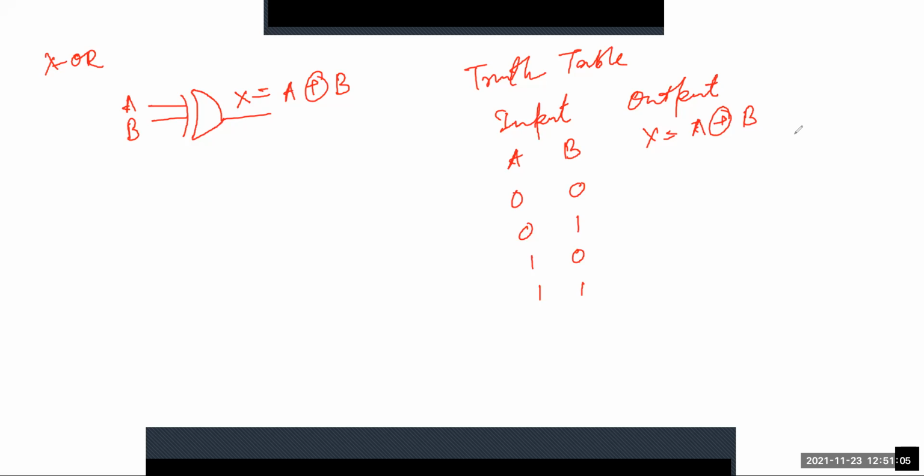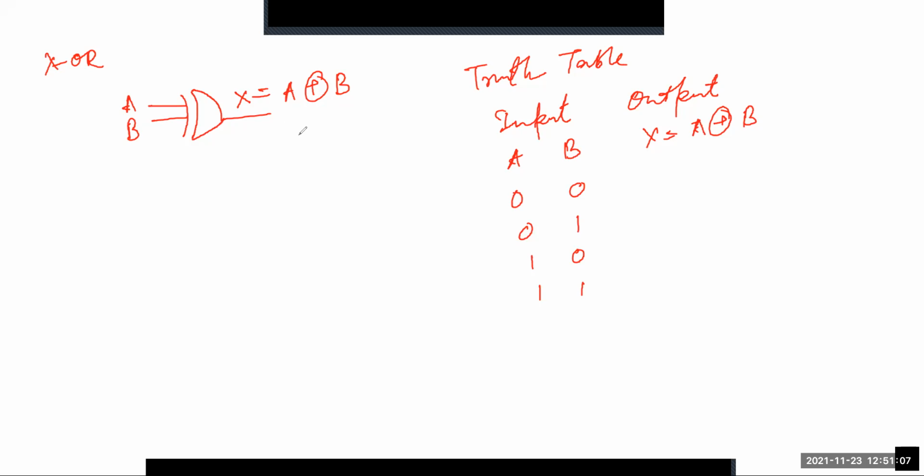This is written here as A XOR B. The simplified form is A B bar plus A bar B. So here you can also write A B bar plus A bar B. For 0 0, A is 0 and B bar is 1, so A B bar is 0, plus A bar B is 0.